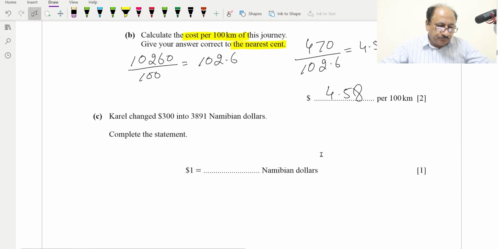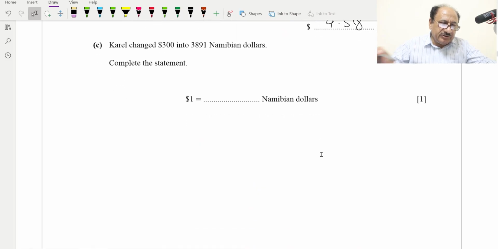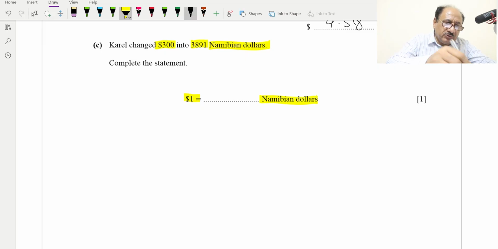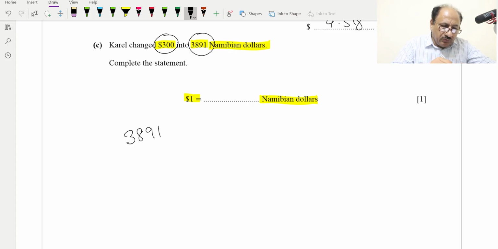Now part C. Carol changed $300 into Namibian dollars, and the received amount is 3891, and we have to show the conversion. $1 is how many Namibian dollars? So we divide this 3891. We know this is the lighter currency and this is the heavier currency, so we divide, and we will get the per dollar rate.